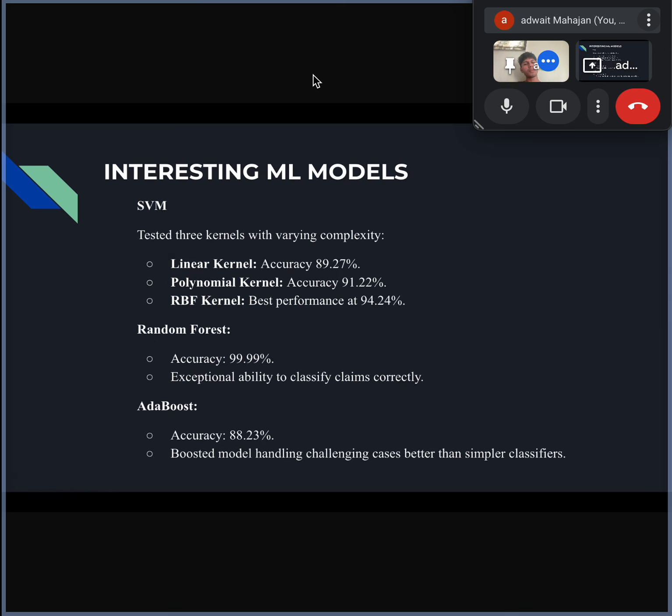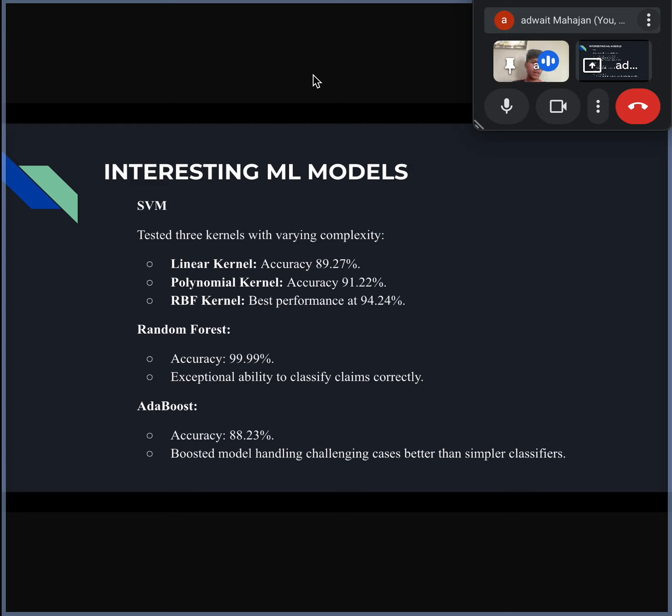Moving on towards the predictive modeling side of this project, without getting deeper into the technicalities and how the coding was done, if we just simply talk about the results, I think it would be more efficient, and that is what we are all looking for right now. We used many different predictive models, but the ones that were really outperforming others have been mentioned here.